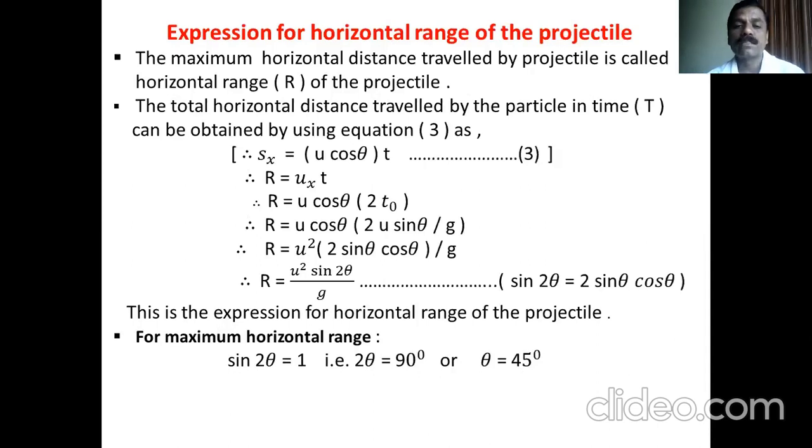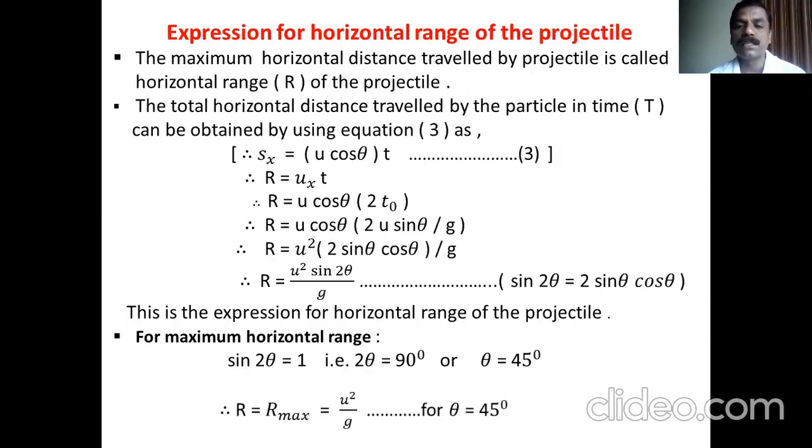So if sine 2 theta is equal to 1, which is possible if 2 theta is equal to 90 degrees, since sine 90 is equal to 1, as we know. So 2 theta must be 90, meaning theta must be 45 degrees. So the maximum horizontal range can be obtained by keeping the angle of projection at 45 degrees.